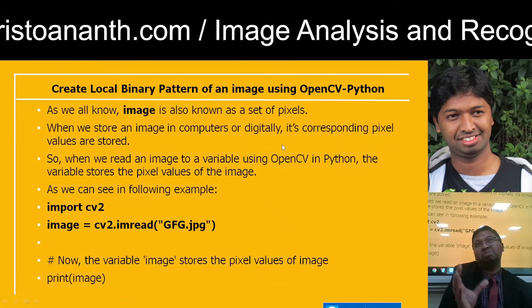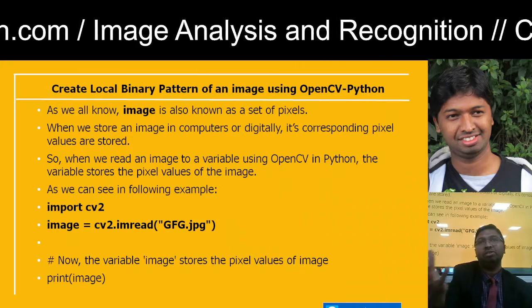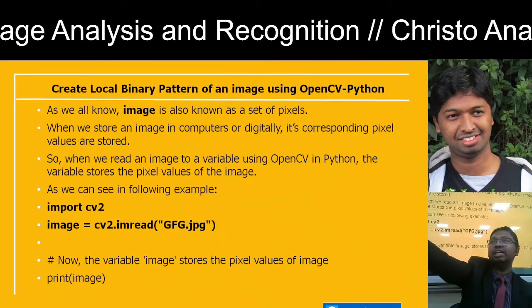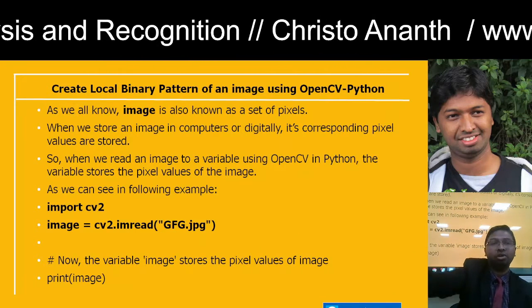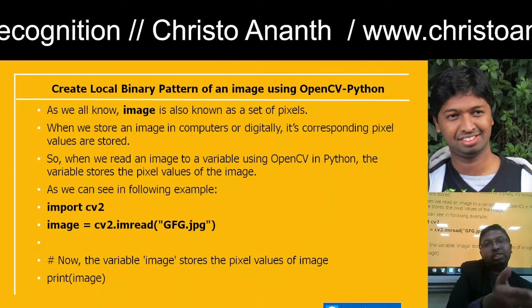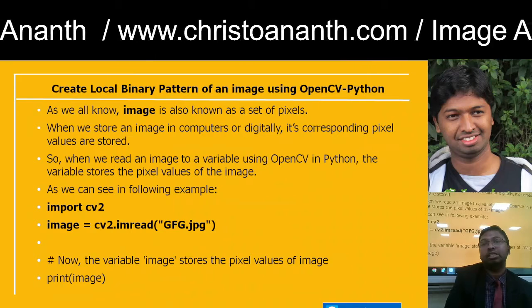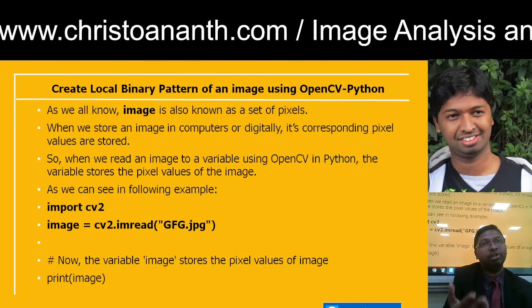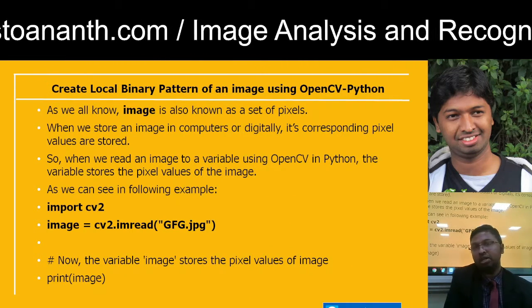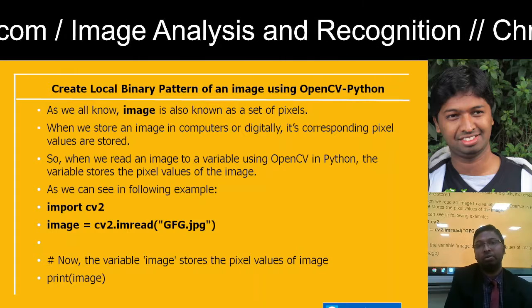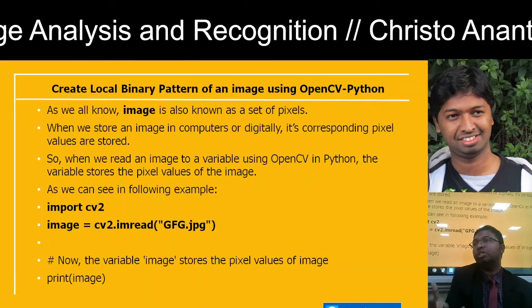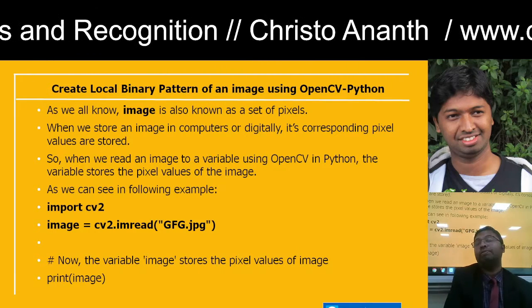So you know, whenever you say image, you are taking a photo with your mobile camera, it is nothing but pixels, a group of pixels. When you store this image in computers, definitely its corresponding pixels are actually stored. So when we read an image into a variable using the OpenCV platform, the variable will be storing the pixel values of that particular image.